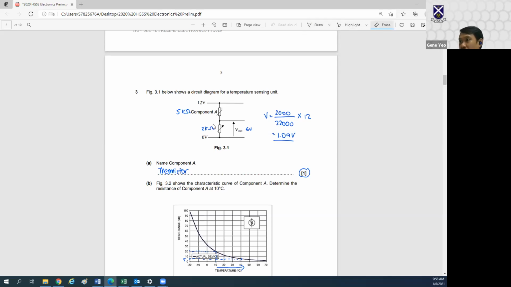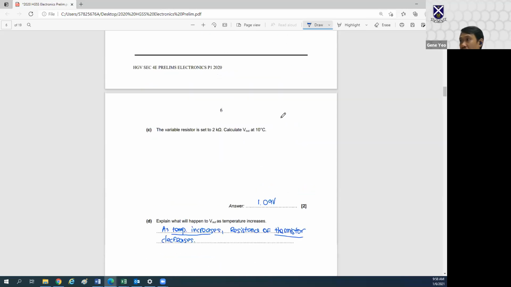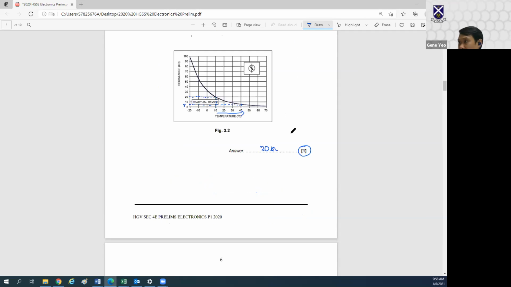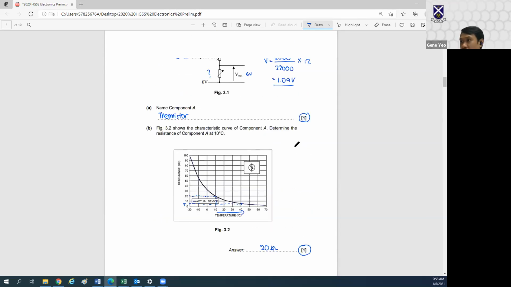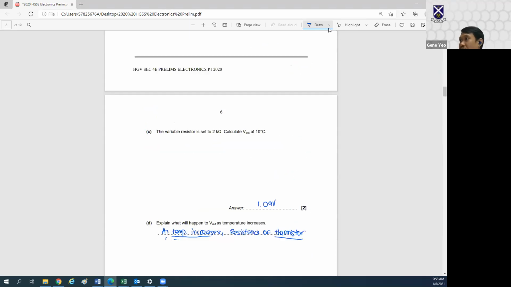And we need to find out what is the value of the variable resistor now. Okay, so this one is part C. To solve for part E, maybe I'll change to a different color.